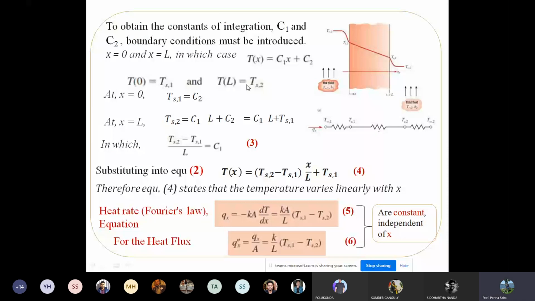If you start at x = 0 and x = L: x = 0 is the onset, the highest temperature, and L is the length of that plane wall over which the temperature gradient exists.